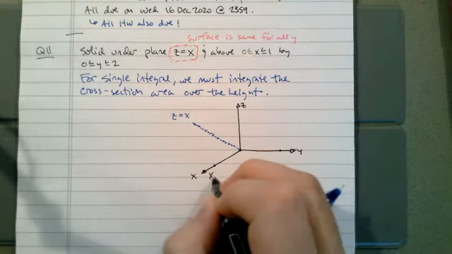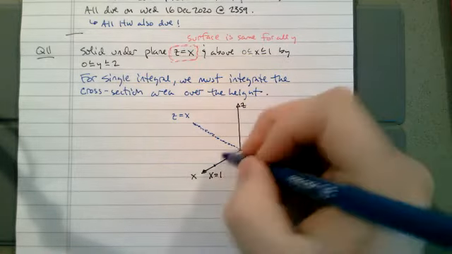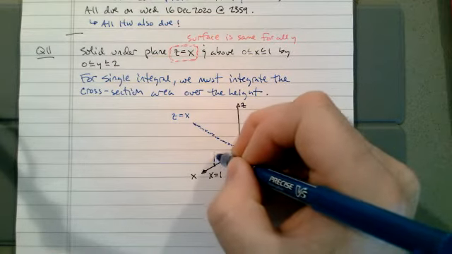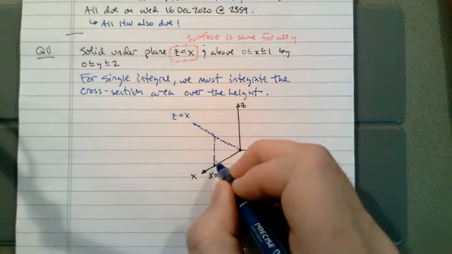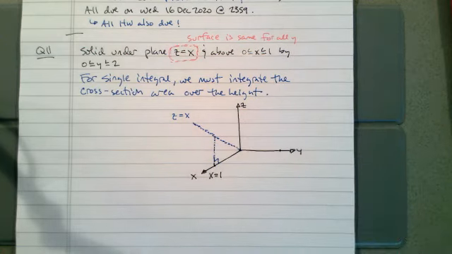So here x is equal to 1. And so this shows us what kind of picture we're going to get. Now this is going to be projected.